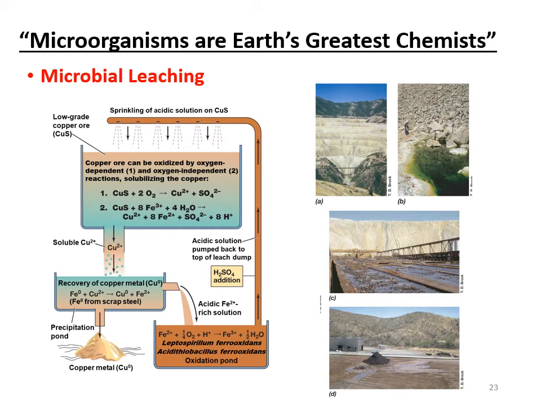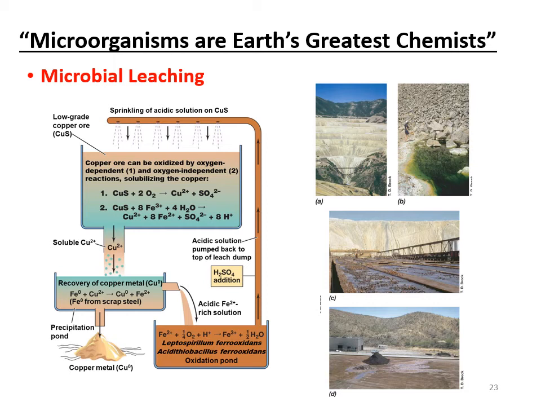We call it microbial leaching. You can have the removal of valuable metals, such as copper, from things like sulfide ores by microbial activity. So microbial leaching is pulling out or breaking down these sulfide ores to gain valuable metals for us.